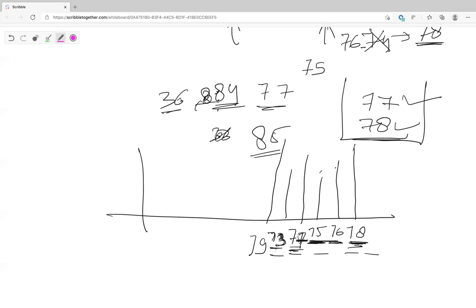And 73: you got 73, which is less than 77. You put it because it might be useful to a 72. But as soon as you get 79, none of these are useful, so you remove all of them. And also, if you see, now let's say this is your graph.